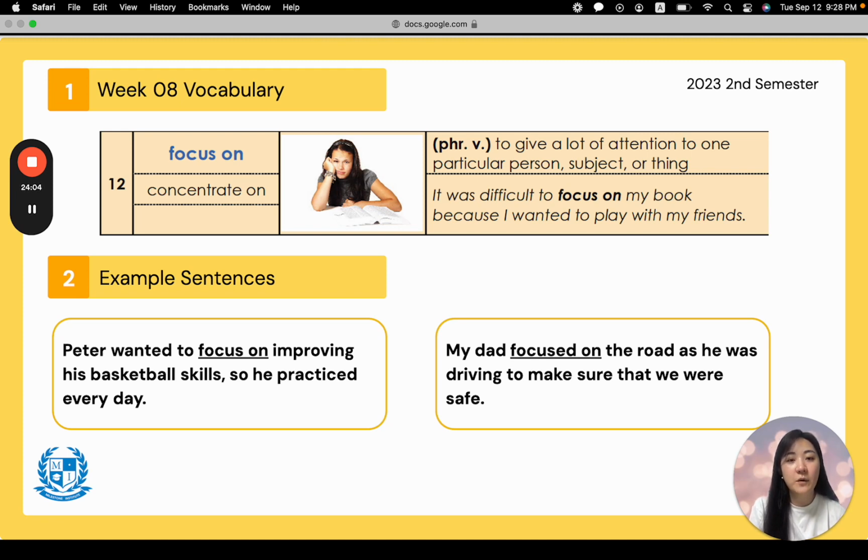My dad focused on the road as he was driving to make sure that we were safe. So maybe in the backseat, all the children are like, Daddy, Daddy, turn on the music, and kicking Daddy's chair. But Dad focused on the road. He was paying attention to what's going on the road as he was driving so that the whole family was safe. Everyone say, focus on.